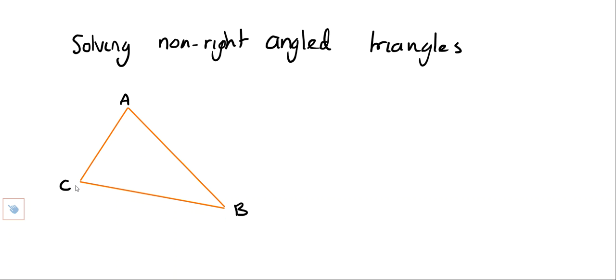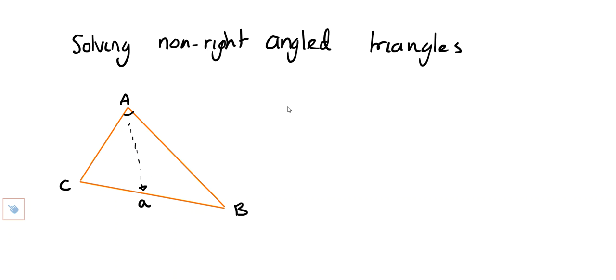Now this is quite important. If the angles are labelled capital A, B and C, I'm going to label the sides a, b and c as well. And that helps us with the two rules that we're going to be using. So if this angle is angle A, then over here is side a, and I use a small a.